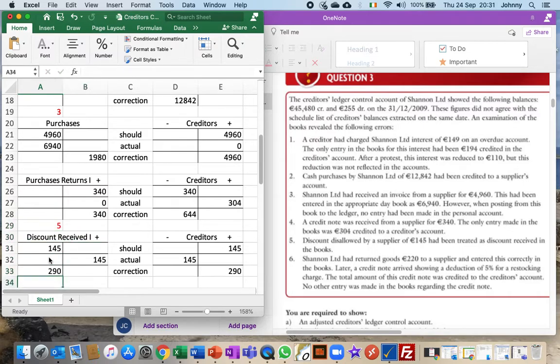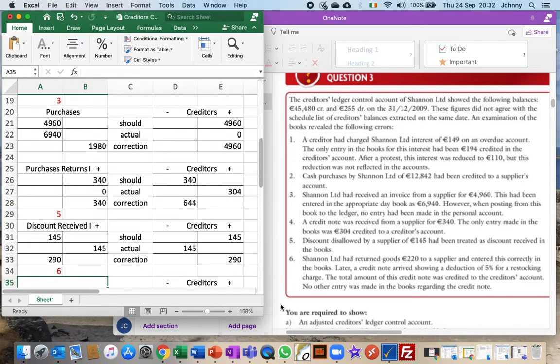Number 6. Shannon returned goods worth 220 to a supplier and entered it correctly in the books. Later, okay, so there's a restocking charge. I did a return of goods of 220 and that was properly put in. But when the credit note arrives, the deduction of 5% was 5% of 220.